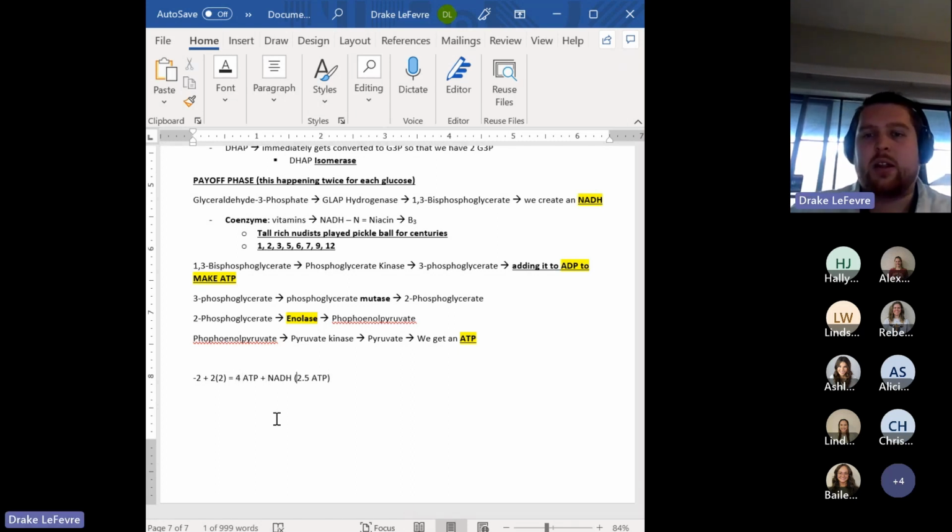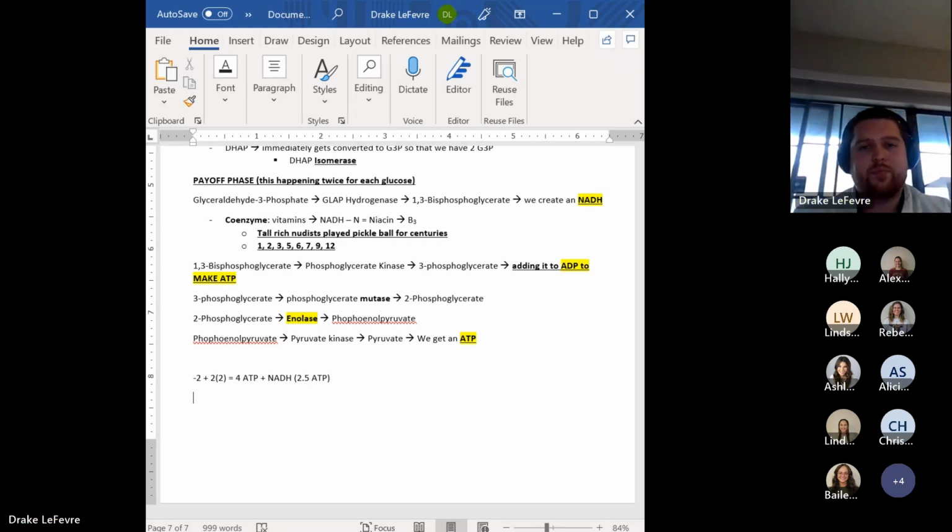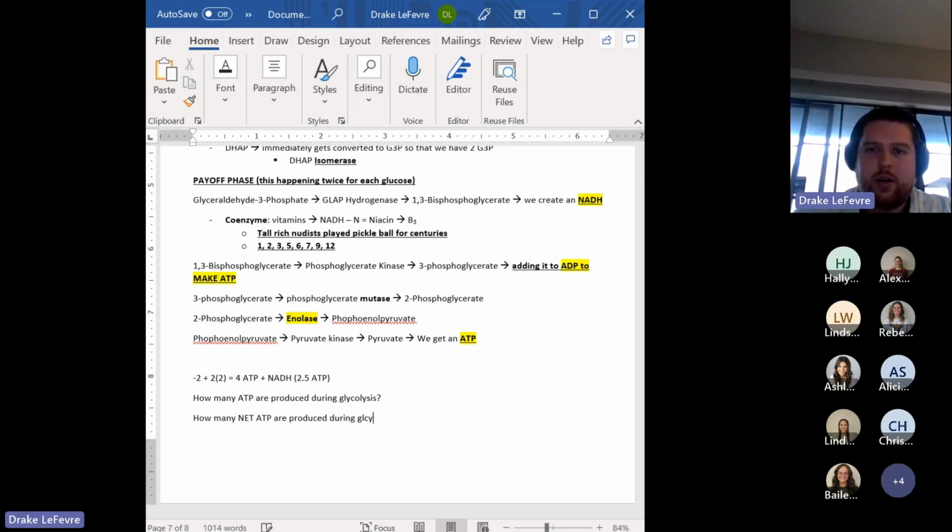So this is something that he'll word questions like this, specifically trying to trip you up, because boards say it this way. Look for the way that the question is going to be asked: how many ATP are produced during glycolysis versus how many net ATP are produced during glycolysis.